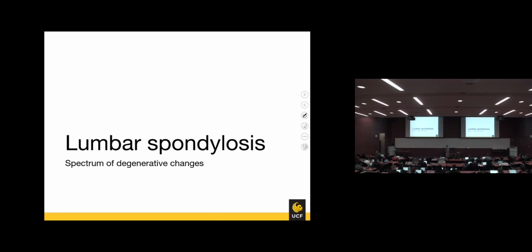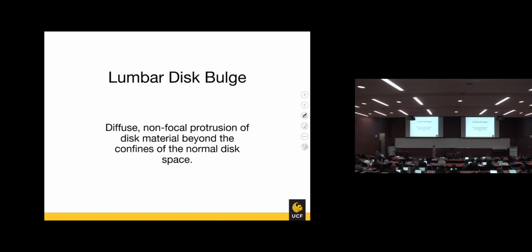All right, so what's lumbar spondylosis? It's the spectrum of degenerative changes that happen in the lumbar spine. So a lumbar disc bulge is one of the things that you would consider as a starting point, and it's a diffuse non-focal protrusion of disc material beyond the confines of the normal disc space. In other words, it goes where you don't think it should.